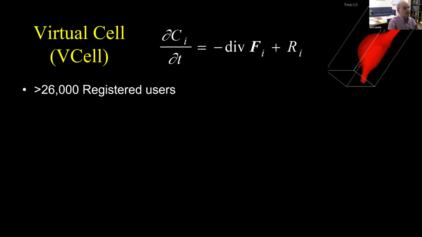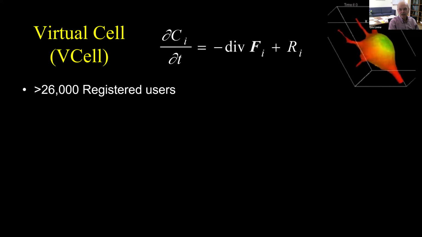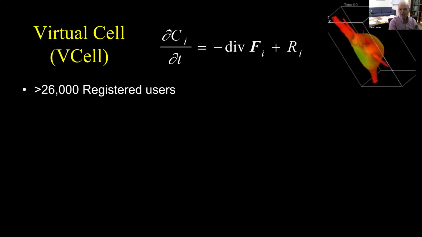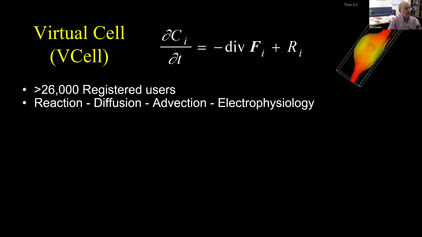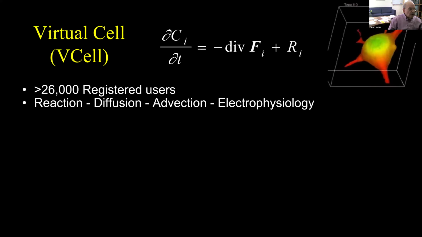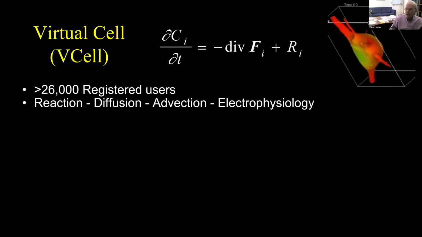So we have 26,000 registered users in Virtual Cell. It's been a project that's been going on for about 25 years, maybe even a little less time than Copasi has been around. Copasi has been around for quite a long time as well. It solves reaction, diffusion, advection, and electrophysiology type problems.